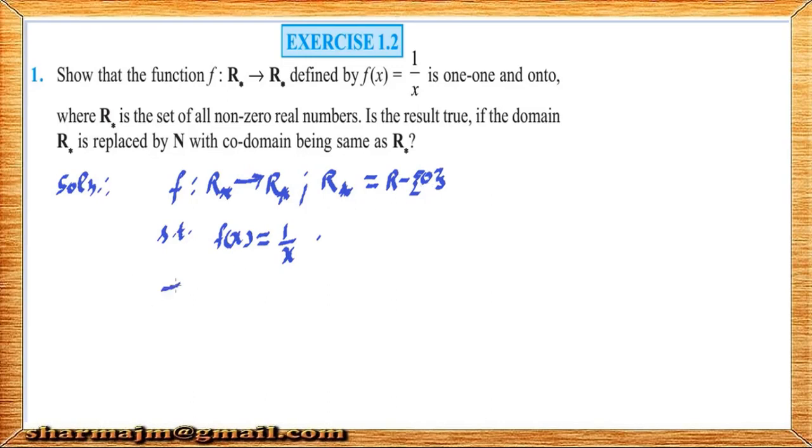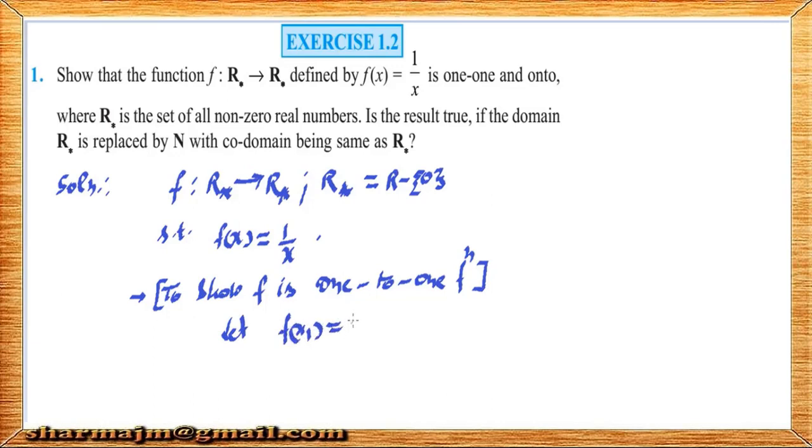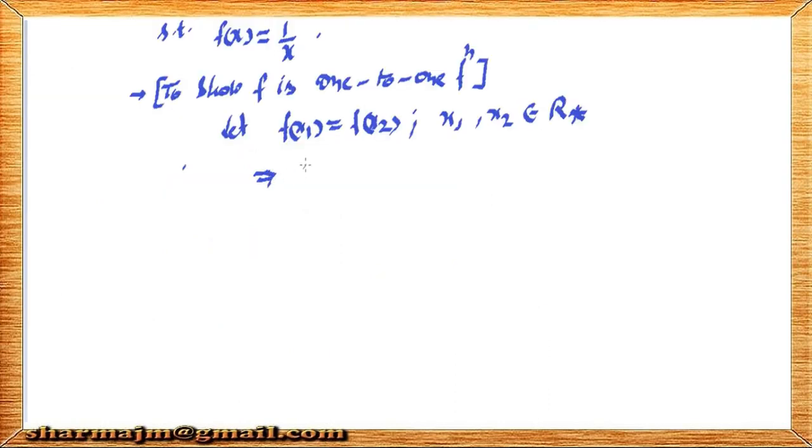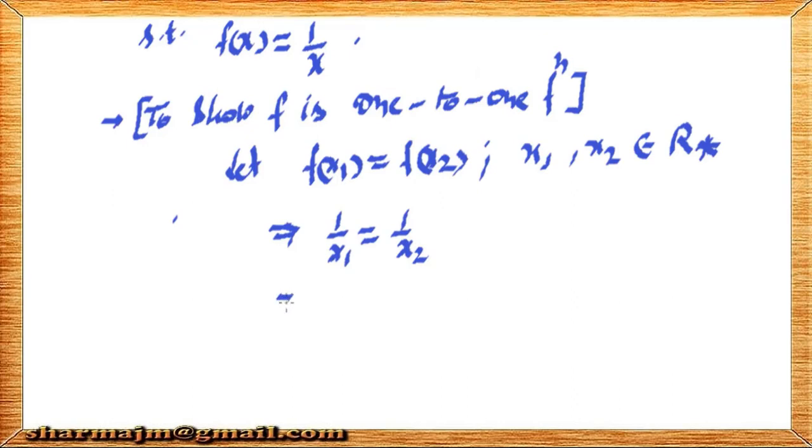Now to show f is a 1-to-1 function, let f of x1 is equal to f of x2, where x1 and x2 are in R star, the domain, which implies 1 over x1 is equal to 1 over x2, which implies x1 is equal to x2.